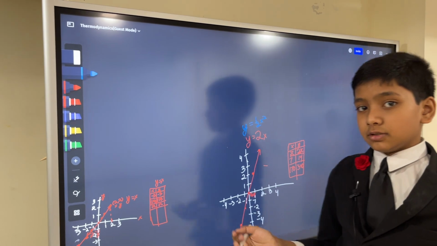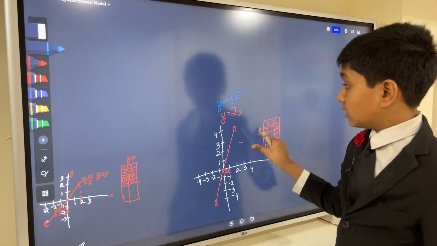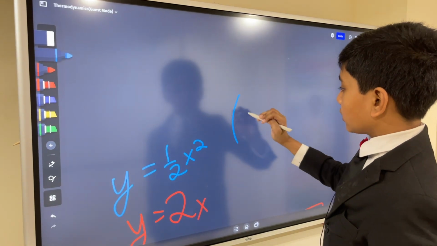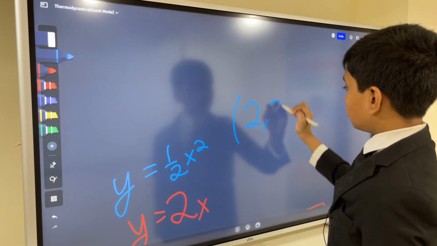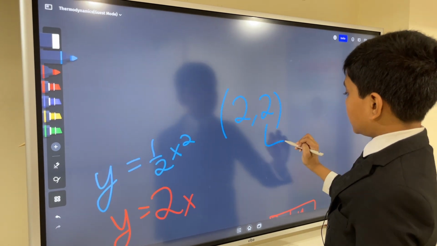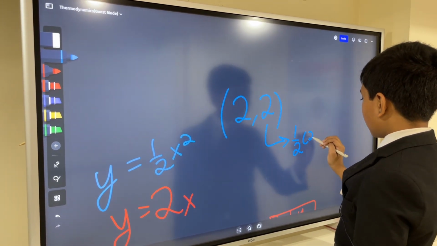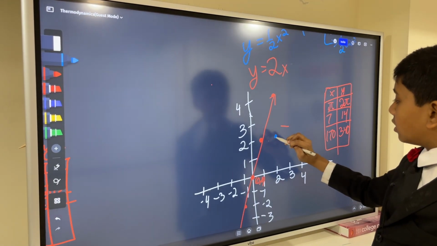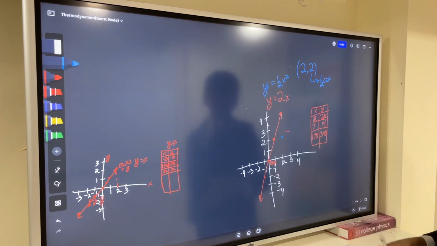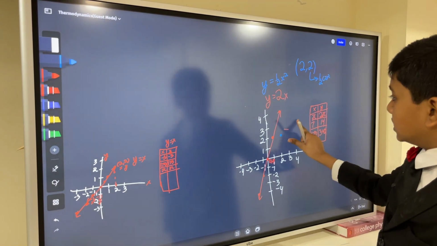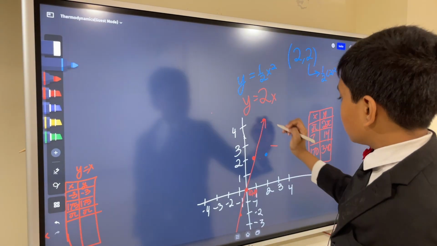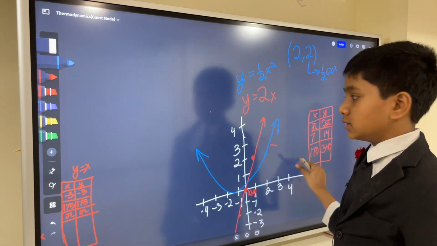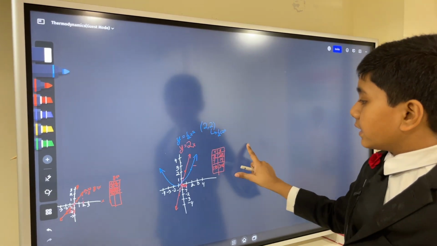That one's a very complicated function, because something that would obey that would look like, for example, 2, 2, because this is equal to 1/2 times 2 squared. So it would look a little bit like this, by the way, for any of those curious minds who are thinking about it. So that's functions.